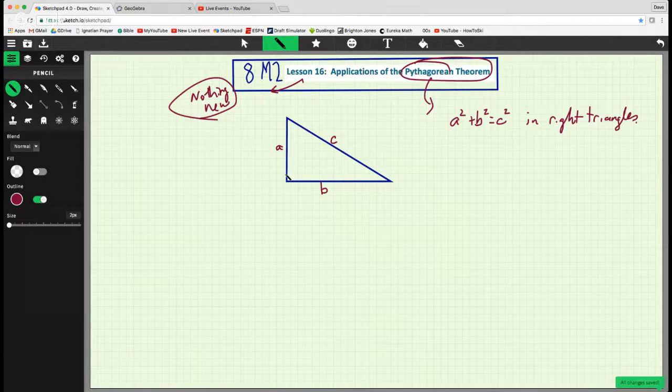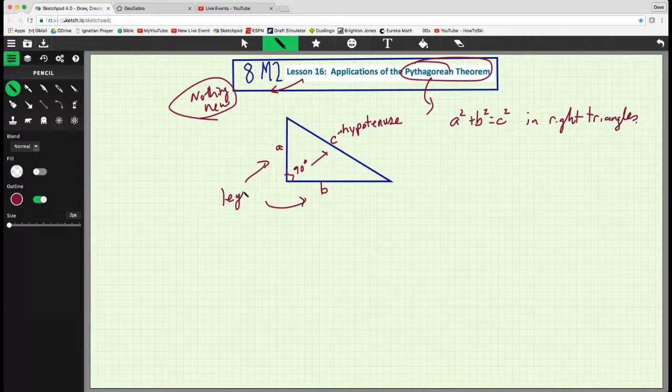That's the whole idea. So this is our right angle. Right angle is 90 degrees, and that means that this is our C, also called the hypotenuse, and that is opposite our 90-degree angle. What are these called?